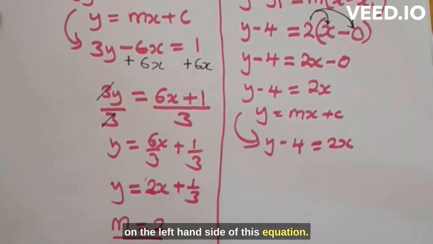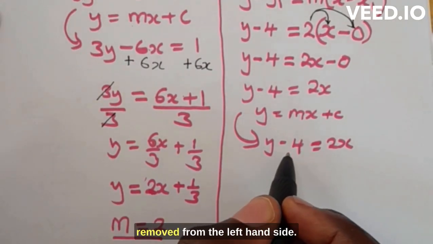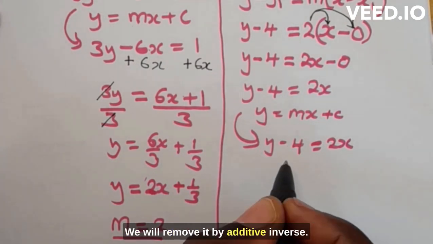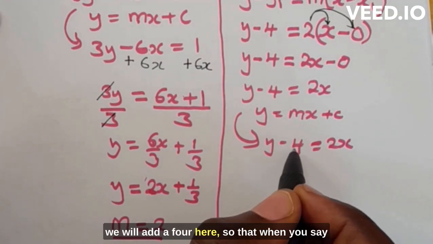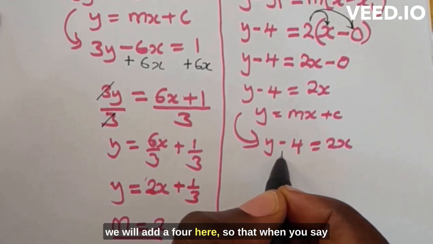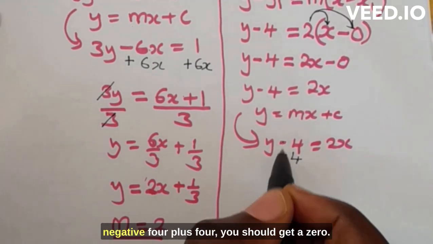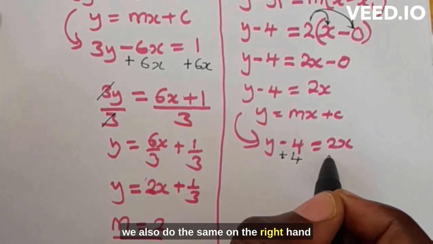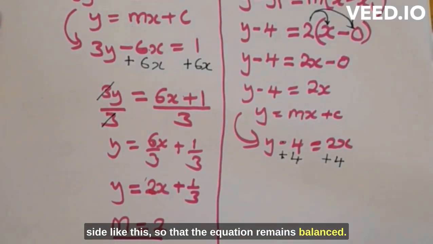Negative 4 has to be removed by the additive inverse, so we add 4, so that negative 4 plus 4 gives 0. What we do on the left hand side, we also do on the right hand side so that the equation remains balanced.